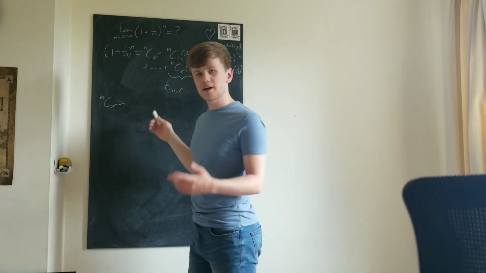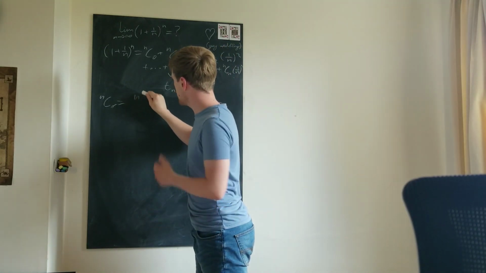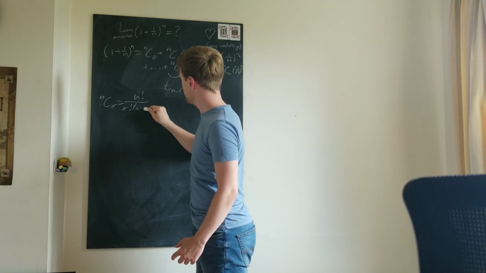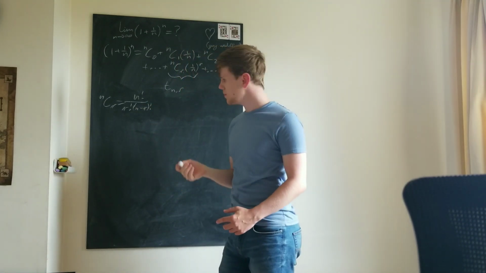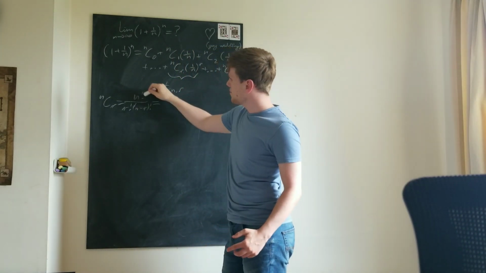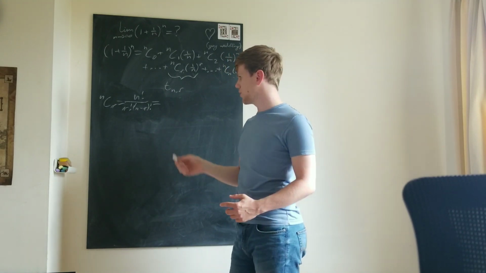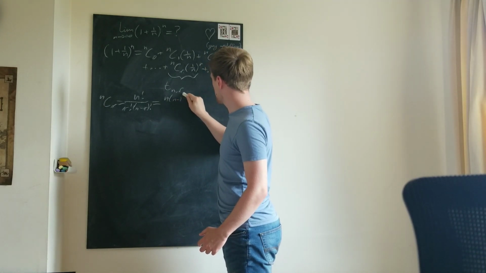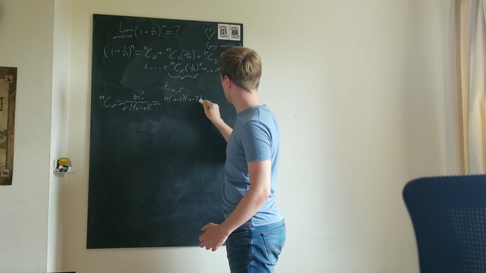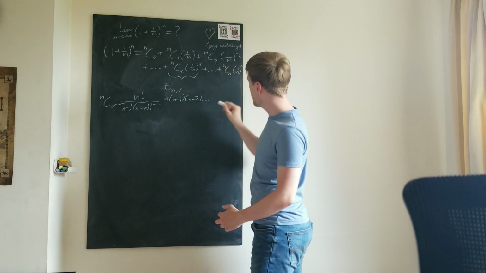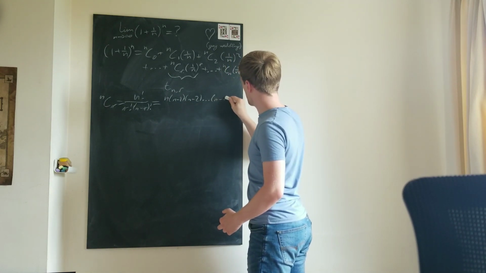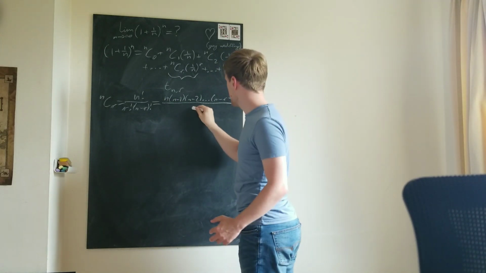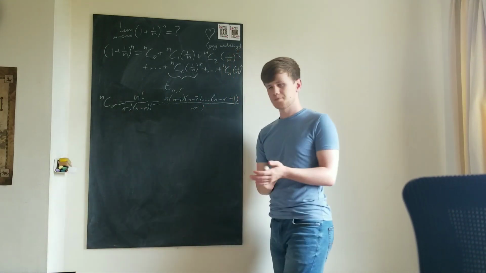And we can look at the factorial definition of n choose r, which is n factorial over r factorial times n minus r factorial. And this n factorial over n minus r factorial, a load of these linear terms will cancel, and we'll get n times n minus 1, n minus 2, and so on, up to a final term of n minus r plus 1, and then divided by r factorial.